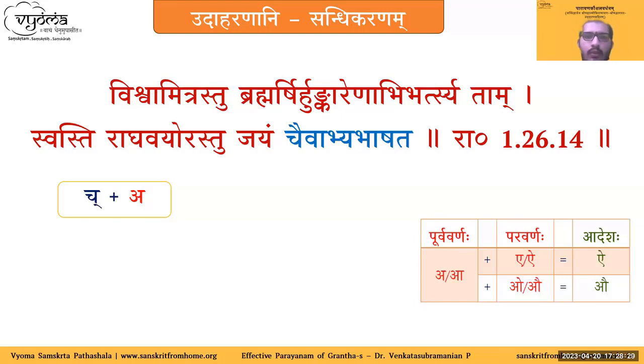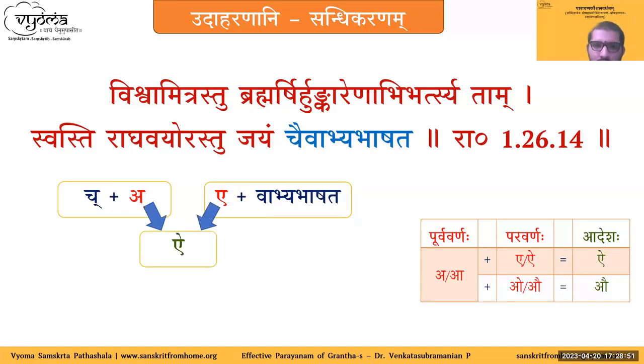Chaivabhyabhashata. What is the sandhi here? If we split the letters, cha, ch, a, evabhyabhashata. So in place of akara and ekara, that is purvavarna and paravarna, we get one adesha, that is aikara.